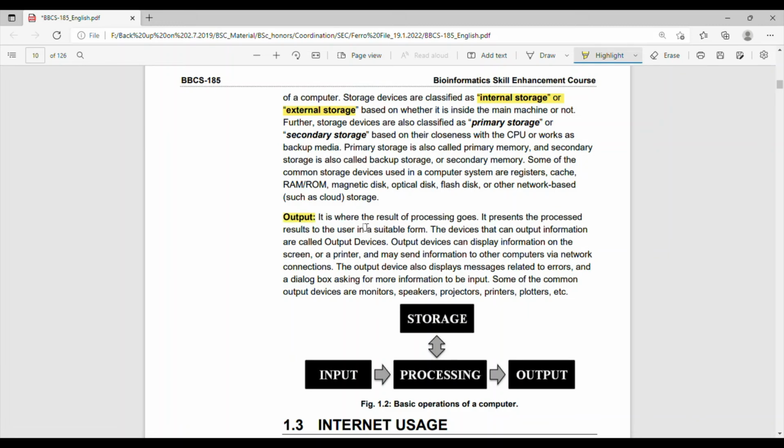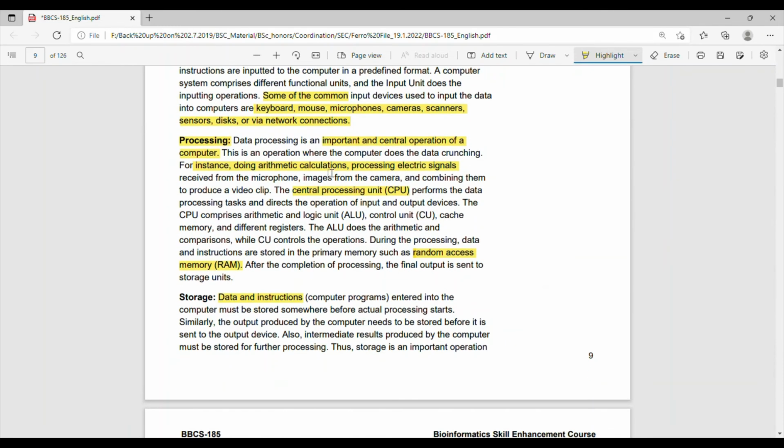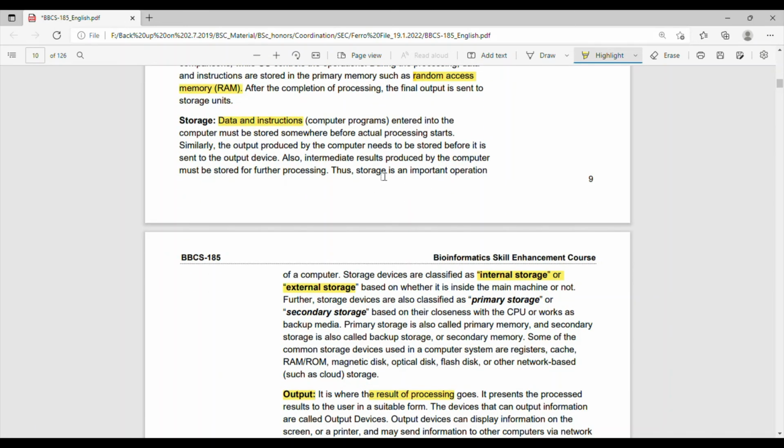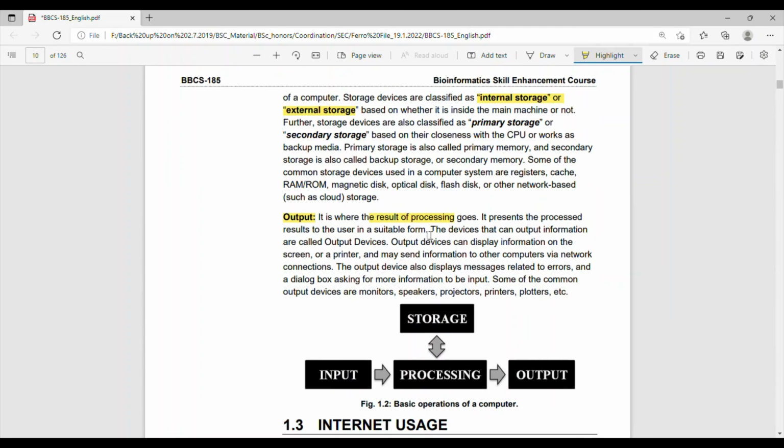Output is the result of the processing. First we give instructions, that is input. Those inputs are processed by the CPU, and then they are stored somewhere, and the result of the processing is presented in an output form. These devices are called output devices.